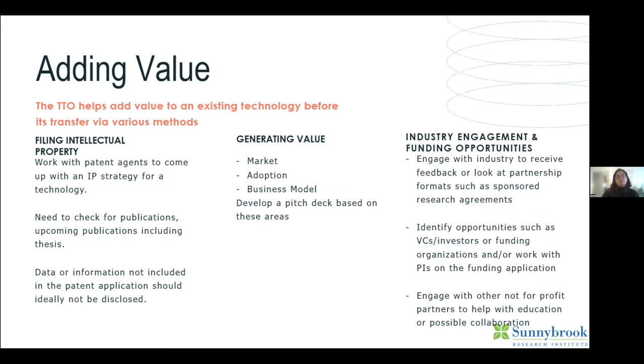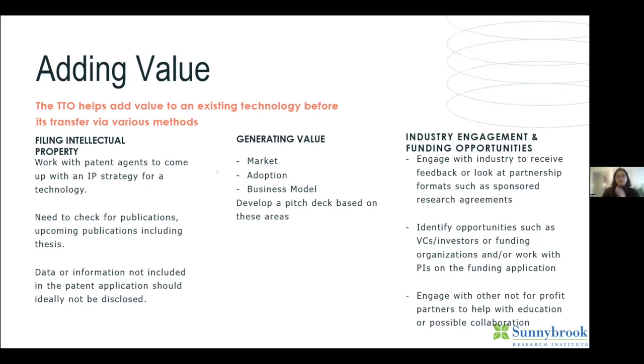It's important to note that you do not disclose your IP in any form of publication or disclosure, and this includes thesis. At least that's our recommendation, because thesis ultimately is something that may not be private for a very long time. So we want to make sure that there is some control over the disclosure of the IP. Also, if a provisional application has been filed, we always advise that any disclosure that you make of the IP is not outside the scope of what the protection's been filed for.